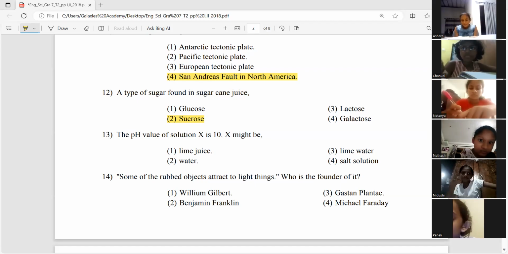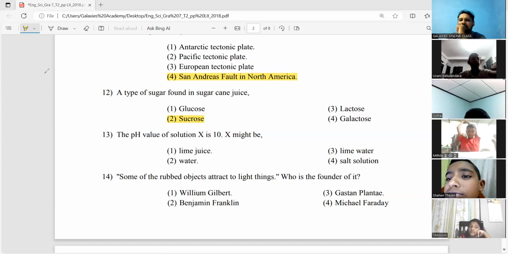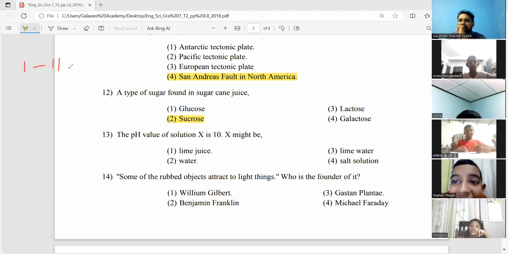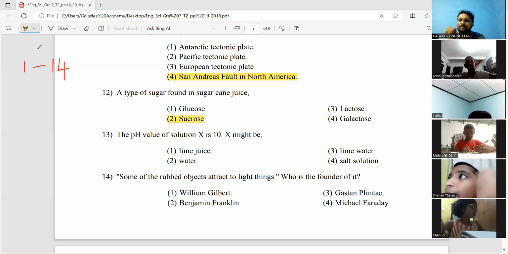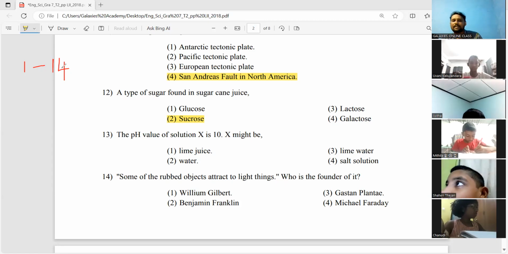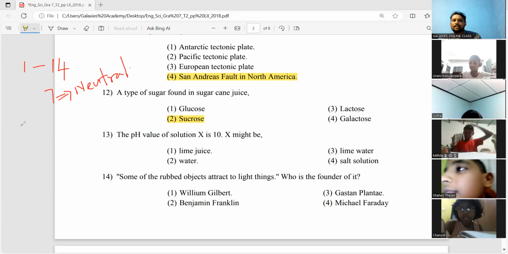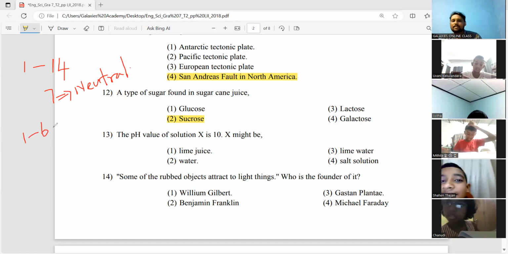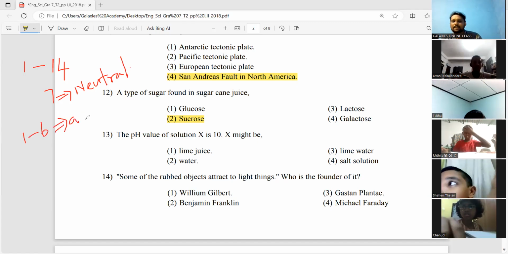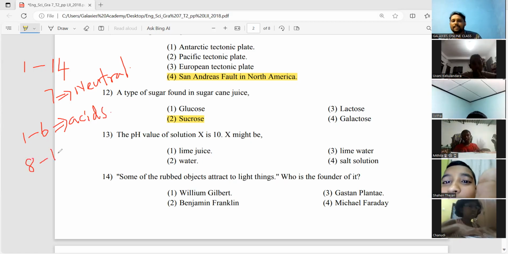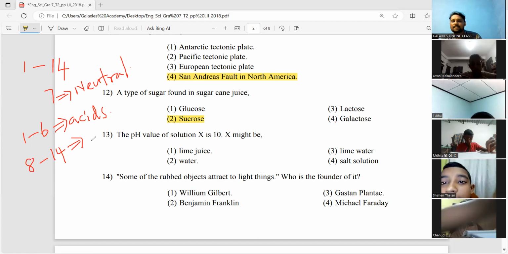Don't you remember? How much is the range? 1 to 14. Right? 1 to 14. Then 7 is the neutral substance. 1 to 6 acidic substances. And 8 to 14 basic substances.